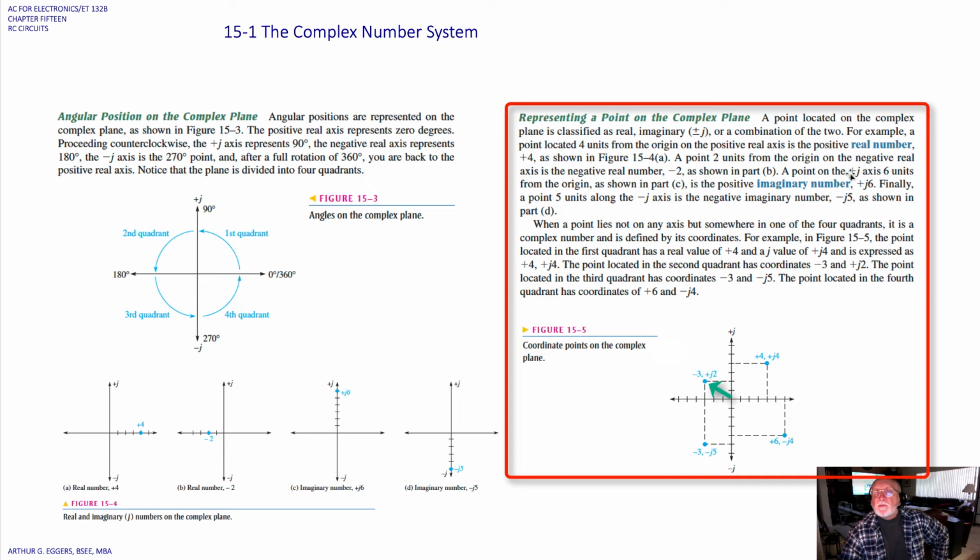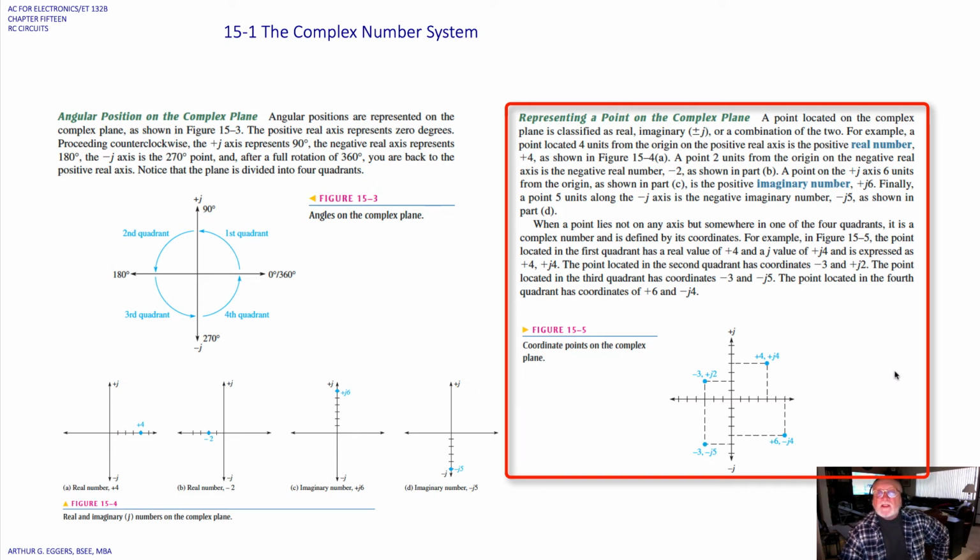A point on the plus j axis 6 units from the origin is a positive imaginary number, plus j6. And finally, a point 5 units along the minus j axis is the negative imaginary number, minus j5. So you can see we've put all these points here as we've mapped them out in the complex plane.